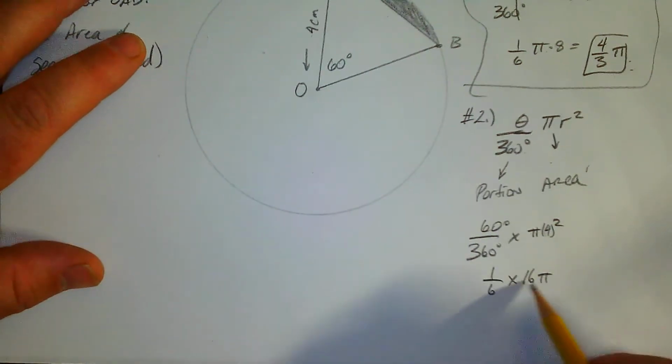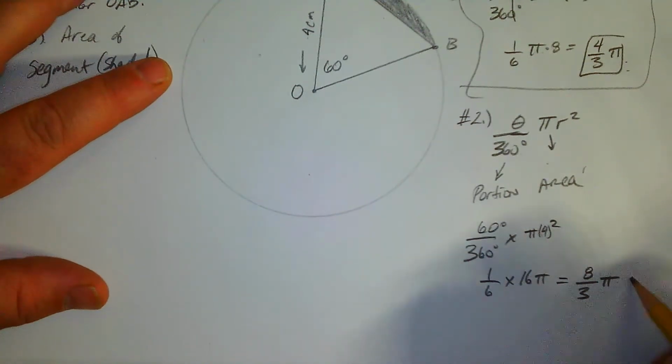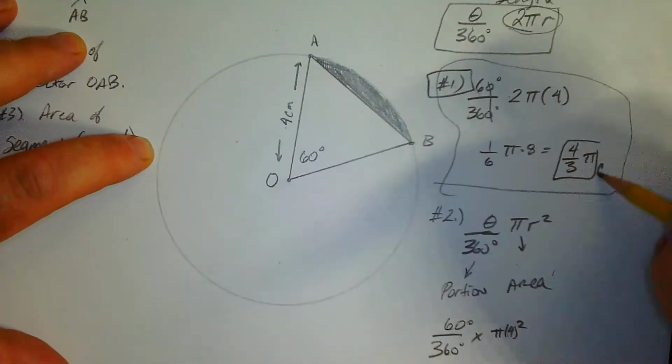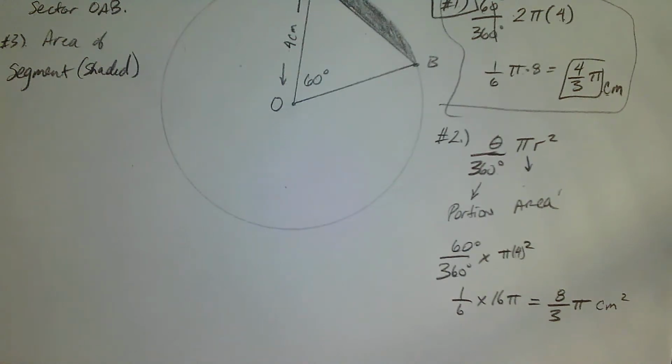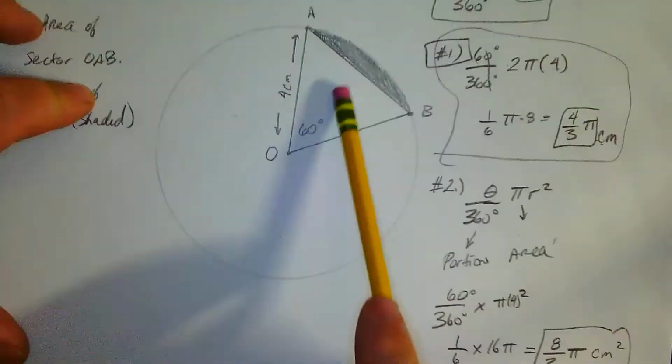That's going to be 8 over 3 this time. So that's 8 over 3 pi, and then centimeters squared. Earlier we were a little lax with our units, so I apologize. So 8 over 3 pi centimeters squared. That would be the area of the sector right here.